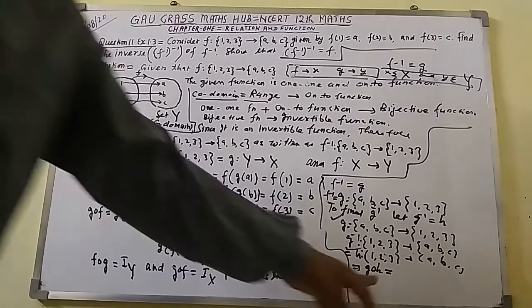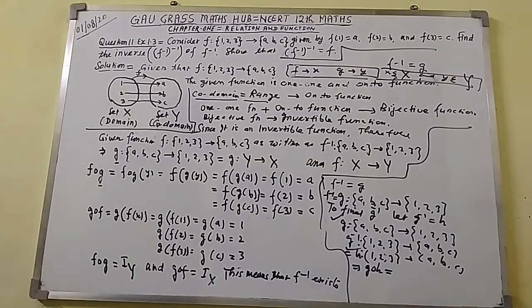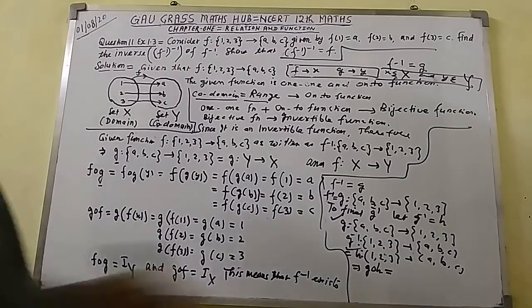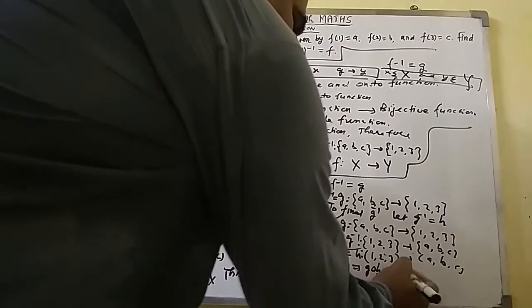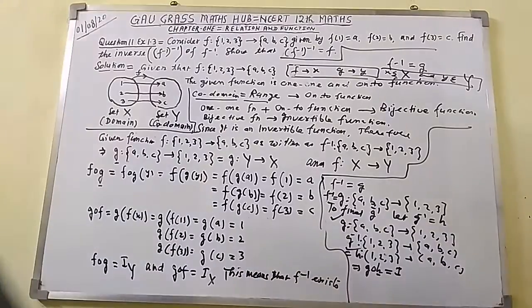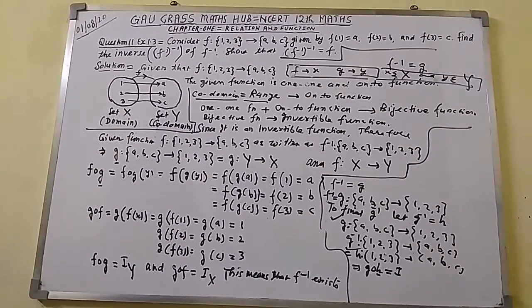Here you can see H: the last letter in GOH, G of H, is H. So this will become the identity function. It can be easily proved.